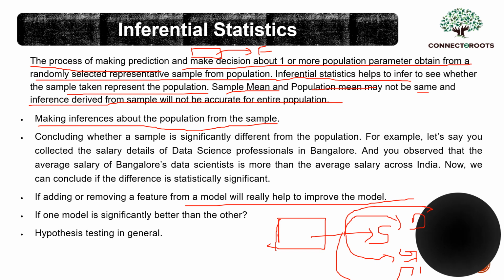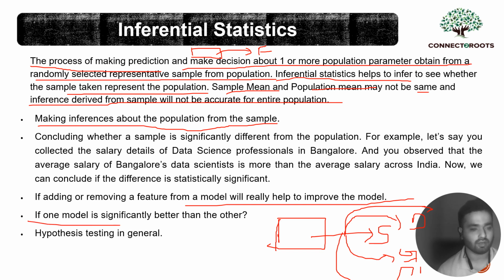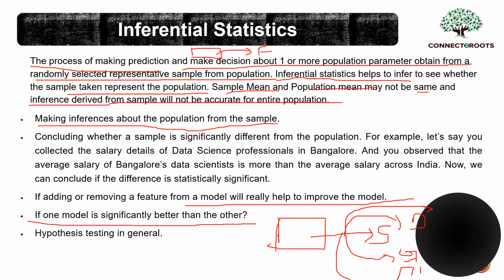You need to see repeatedly and understand how our model performs better at prediction, and in this way we will select our features. If one model is significantly better than another, we can determine that. For example, in model 1 we have only selected gender and location.